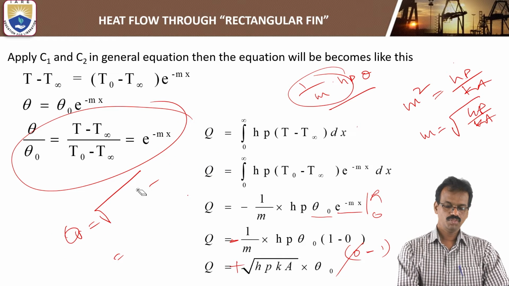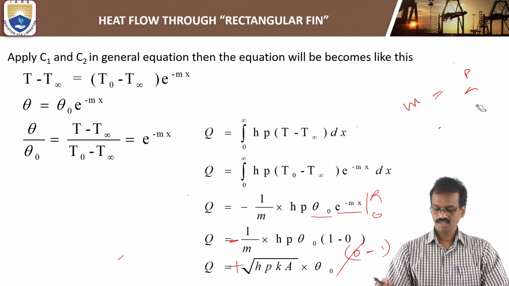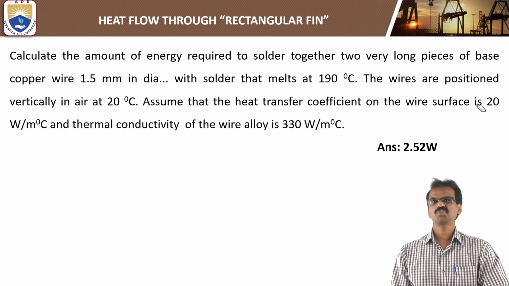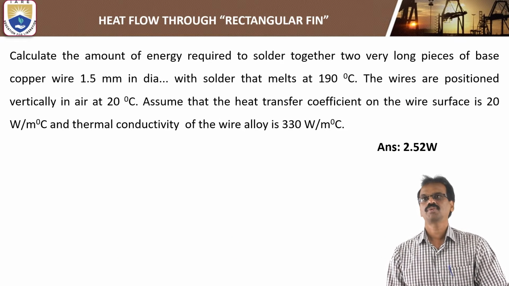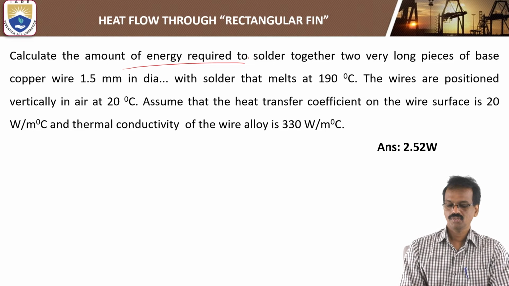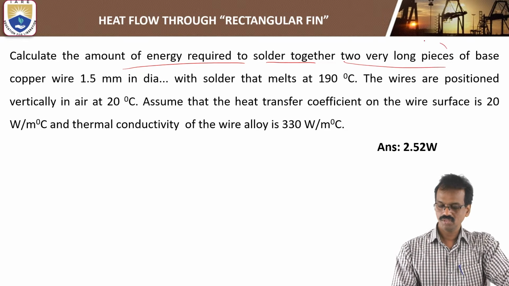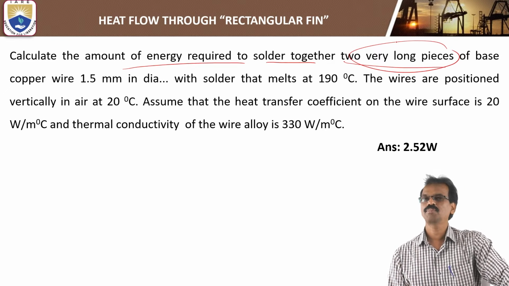We'll see one numerical based upon this formula, then you can understand. This is a small numerical which is based upon the long pin. Calculate the amount of energy required to solder together two very long pieces of base copper. Very long pieces means this is the long pin.